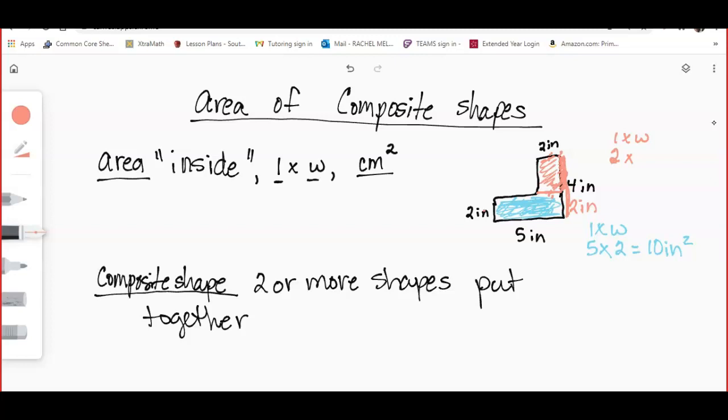So if this whole thing altogether is 4 inches, but I've already used this 2 inches when I found the area of the blue, then I do 4 minus 2, which means that this has to be 2 inches. Okay, so then my width is 2, and my area of that is 4 square inches. Okay, and then I have to put them both together. So if the blue is 10 and the pink is 4, that means that the whole shape is 14 square inches.